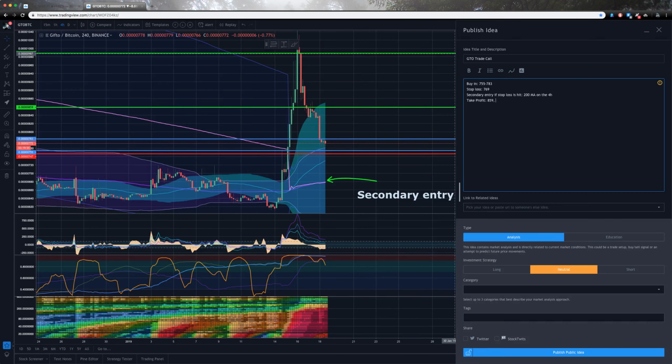$859, comma, and then we're going to have 989 plus. Time frame, or rather expected call duration. Short to mid-term.